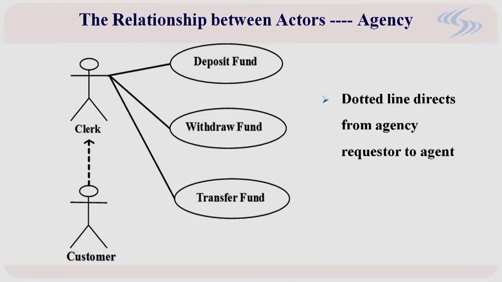Okay, let's take a look at this diagram. We find that there are two actors in this diagram, clerk and the customer. The customer of the bank system may want to deposit funds or withdraw funds or transfer funds. But actually, it is not the customer who will interact with the bank system.